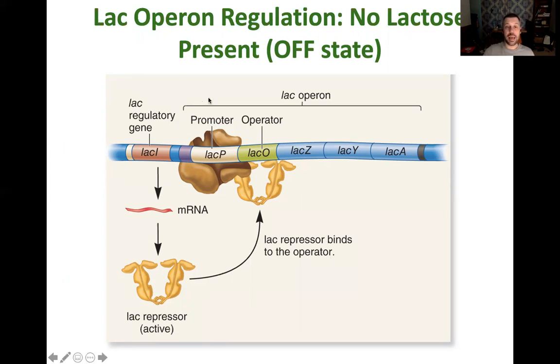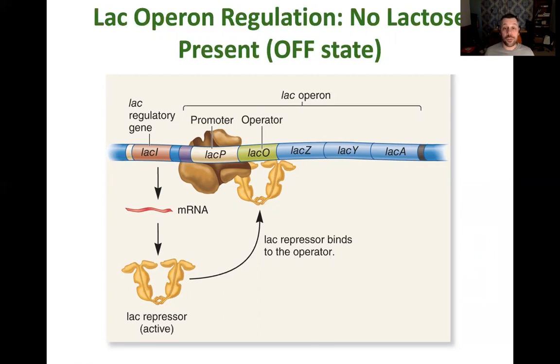But you still have the same Lac operon with three structural genes and the three DNA binding regions as well. So please remember the purpose of this operon, right? It's going to make these proteins that are required to digest or metabolize lactose for this bacterial cell.